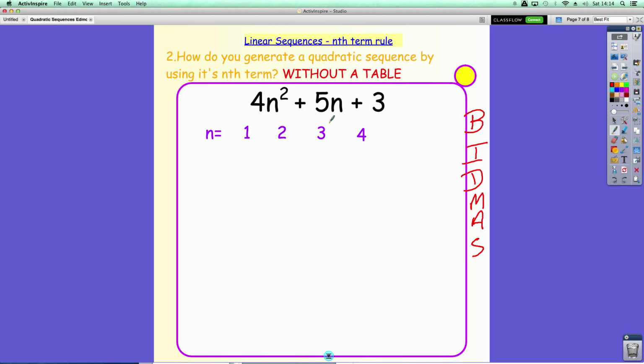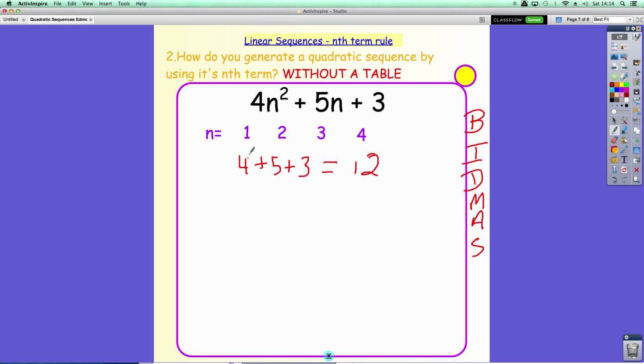So 4n squared plus 5n plus 3. I start off with n. 4n squared is then going to be 1 squared is 1 times 4 plus 5 times 1 is 5 plus 3 times 1 is 3, and that is equal to 9 plus 3, which is 12.